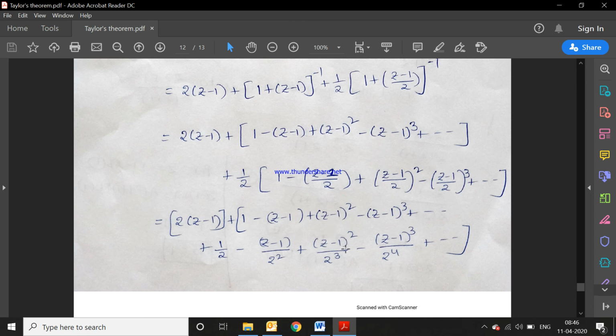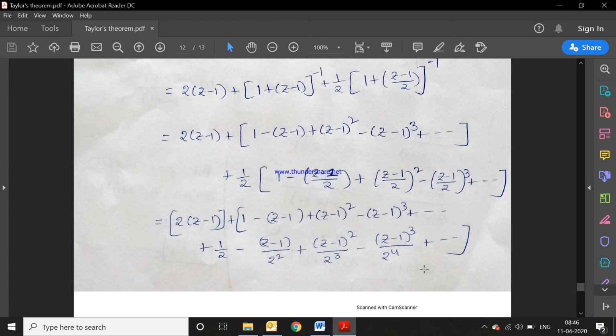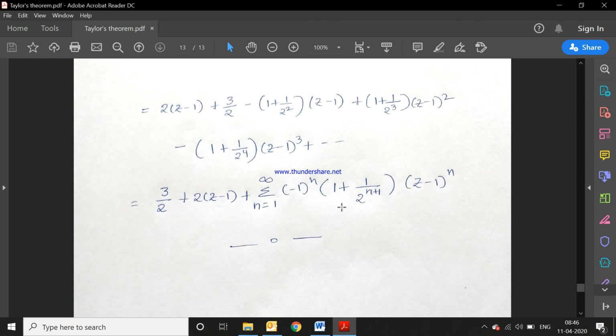You can take (z − 1)^2 common, we get (1 + 1/2^3)(z − 1)^2. Next one is (z − 1)^3 common, and minus also common. We get here 1 plus 1/2^4, so (1 + 1/2^4)(z − 1)^3 plus so on.